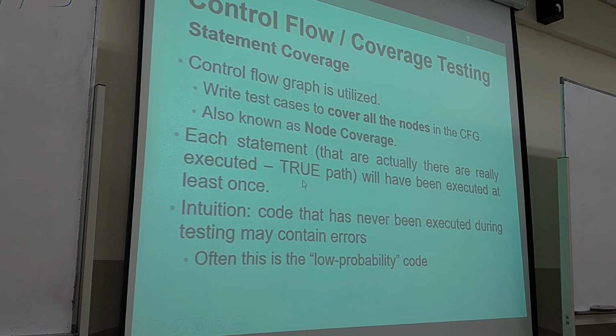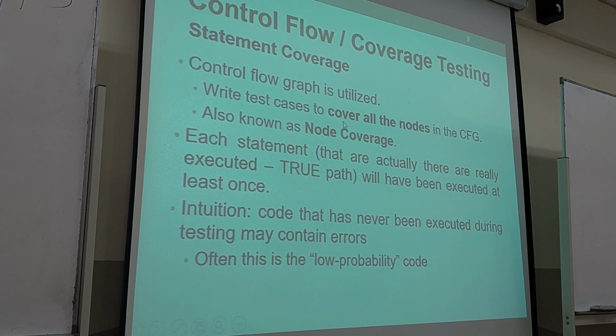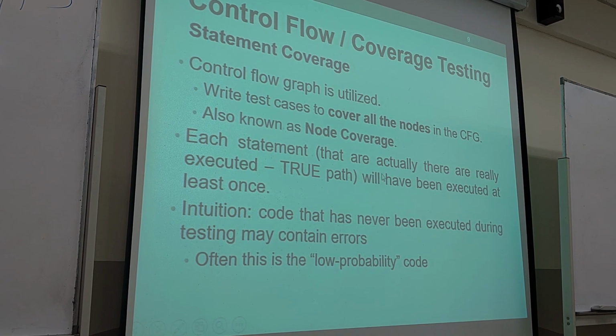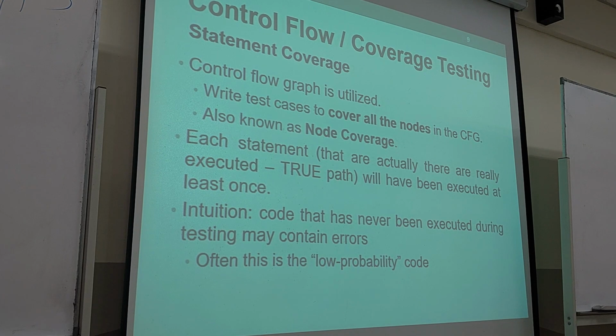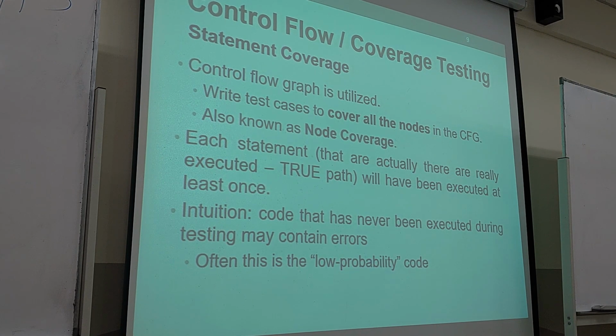Statement coverage, the first one, is also known as node coverage, and it only covers all the nodes under the true path. It means we are testing when no errors happen, so the program is only doing the true path correctly.